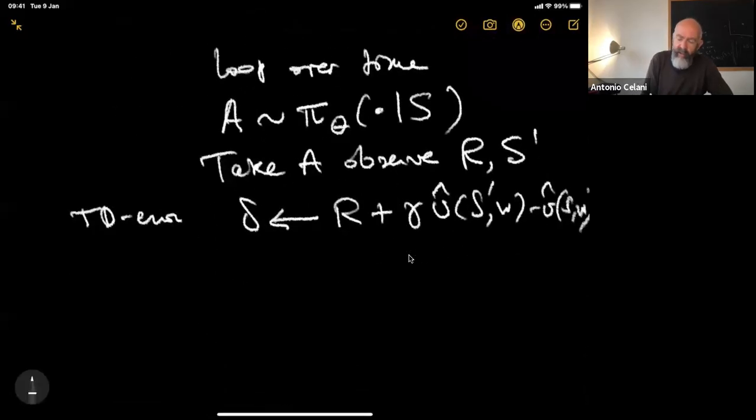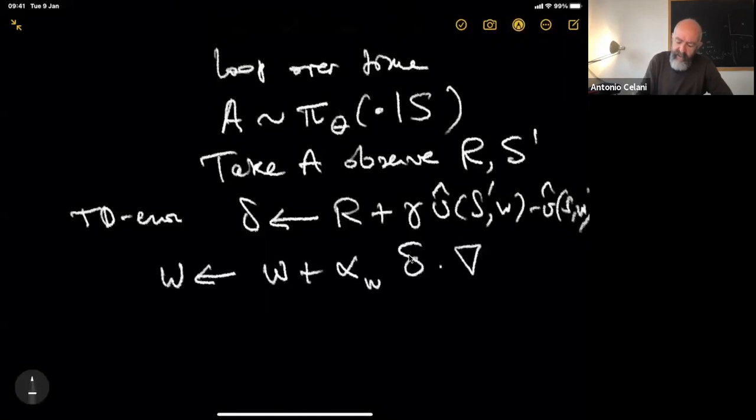Explicitly, your new parameters W are just W plus alpha W, the learning rate for W, times the temporal difference error times the gradient with respect to the parameters of V. This is temporal difference semi-gradient learning with approximation. We did this 2 or 3 lectures ago.